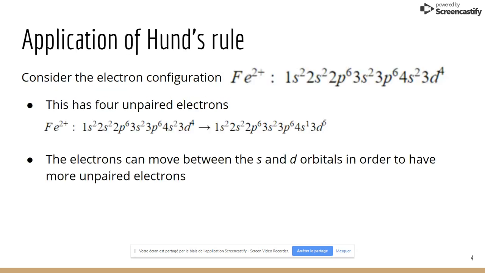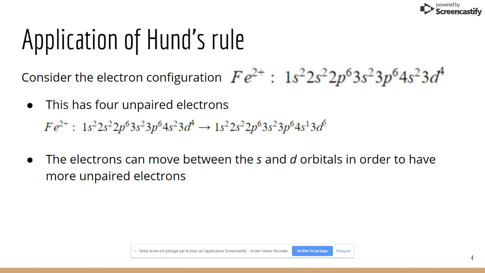So we're pretty familiar with the electron configuration for Fe2+: 1s2, 2s2, 2p6, 3s2, 3p6, 4s2, 3d4. If you take a look at this, the 3d has 4 unpaired electrons. But one of the applications of Hund's rule is that oftentimes one of the electrons from the 4s orbital will move to a 3d orbital such that instead of having 4 unpaired electrons, I now have 6 unpaired electrons, 1 in the 4s and 5 in the 3d.